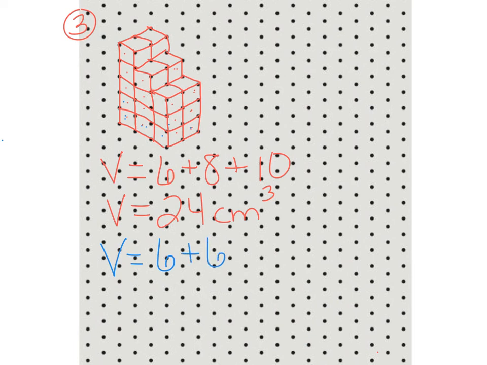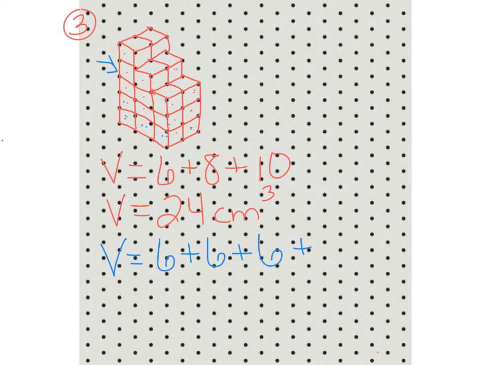And the third row, I have 1, 2, 3 in the front, 1, 2, 3 in the back. I can only see the first one in the back, but I know that it's got to have the same number as the first row of it. So 6 plus 6 plus 6. However, that's only my first 3 rows. 1, 2, 3. So now I'm on this row.